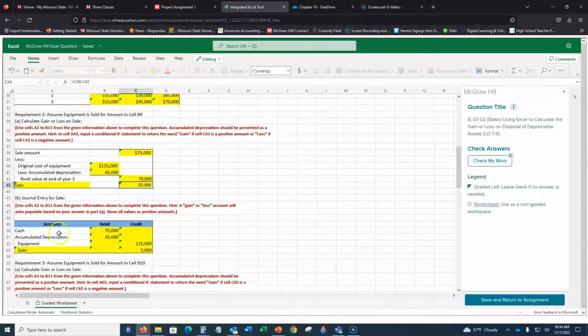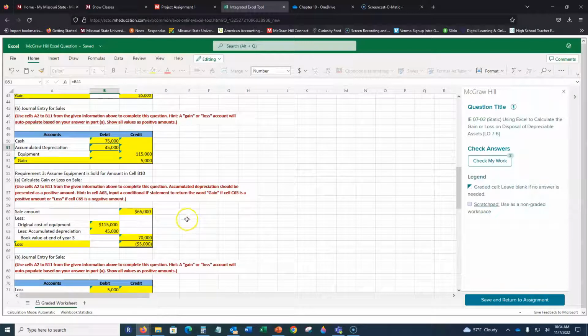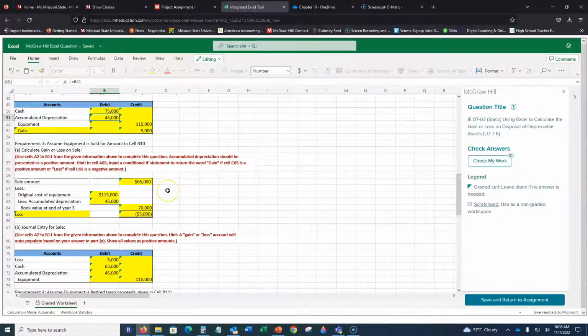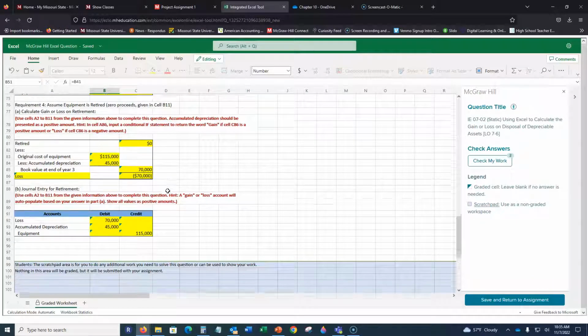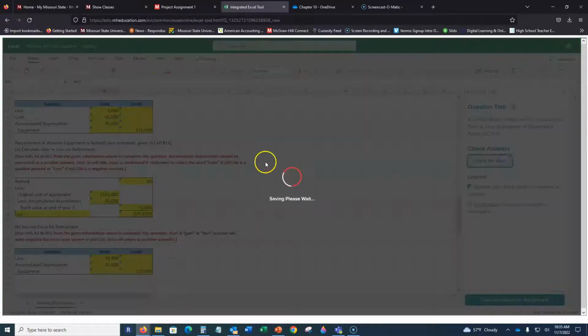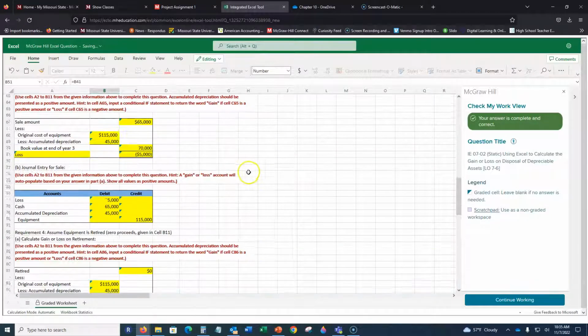All right, so now we have a gain of $5,000 like we should, right? Okay, so that one I just made a mistake and put the wrong number in there. I apologize for that. I thought it looked a little odd when we did it. Everything else should be good to go though.